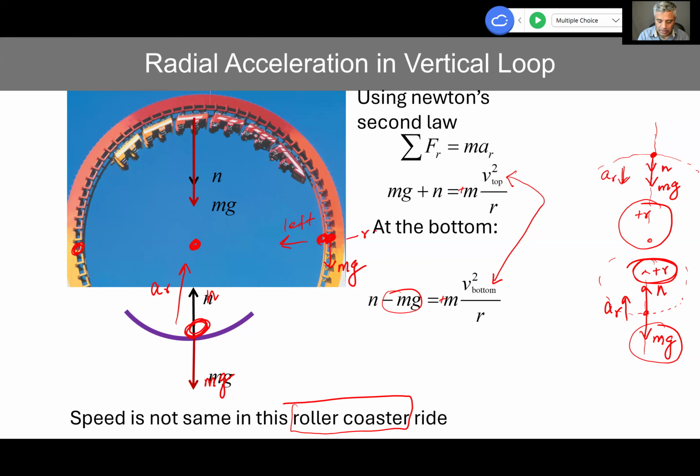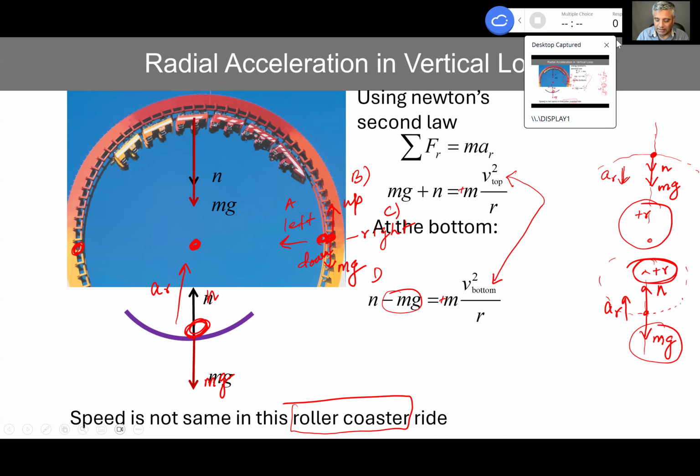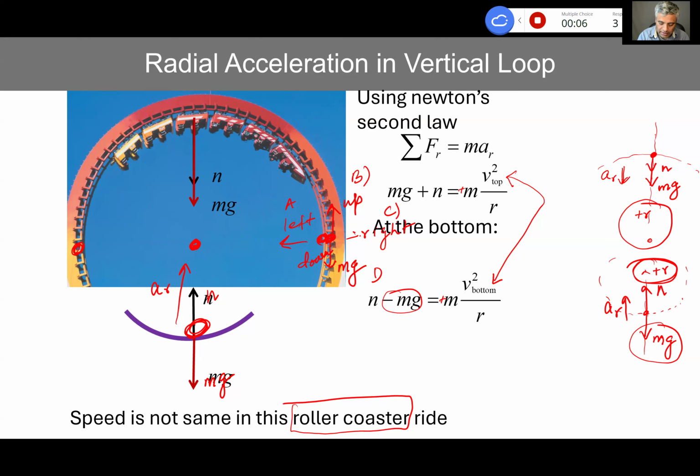Left, right, up, and let's say down. So you have four choices: A, B, C, D. Okay, so I will open the clicker question for 30 seconds. Go ahead and choose what direction you think the normal force is acting on that card or person, when it is on that side there.